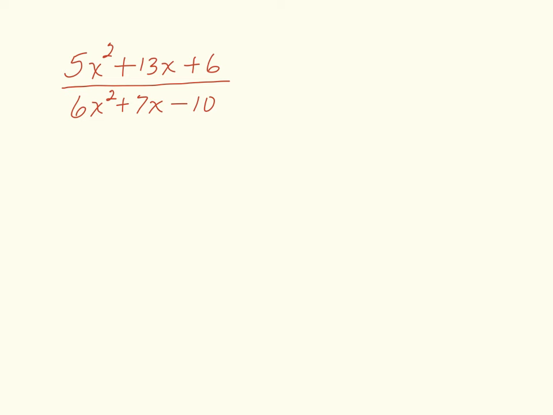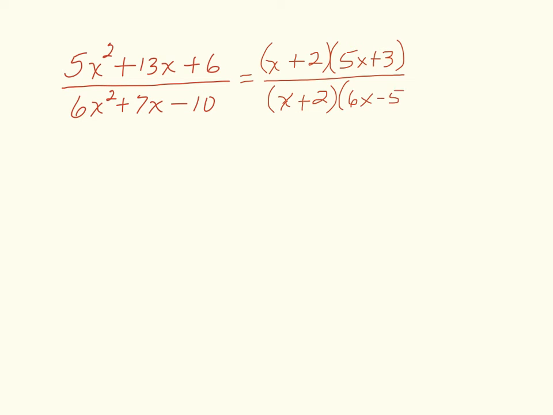Okay, 5x squared plus 13x plus 6 factors to x plus 2 times 5x plus 3. The denominator factors to x plus 2 times 6x minus 5.